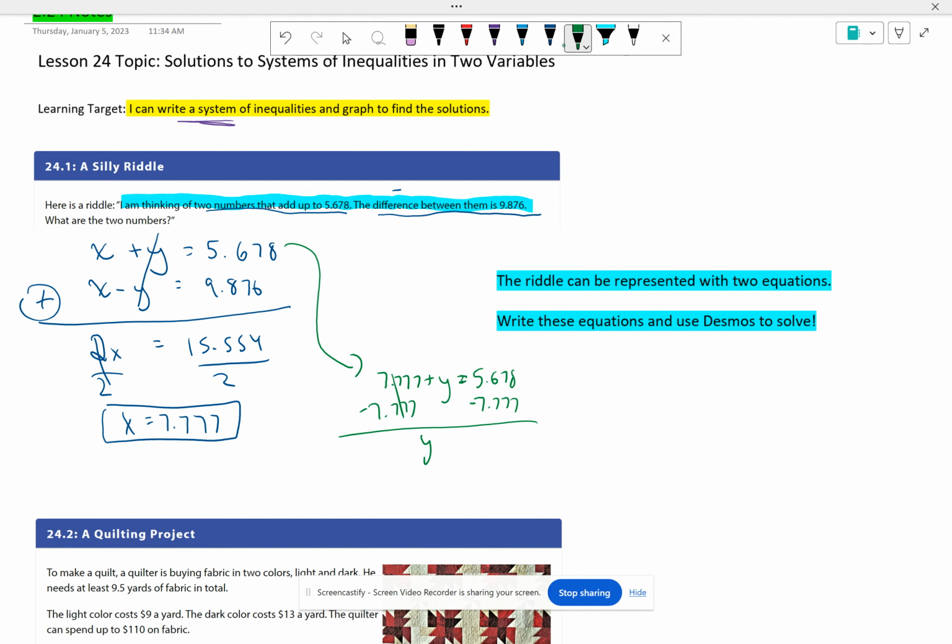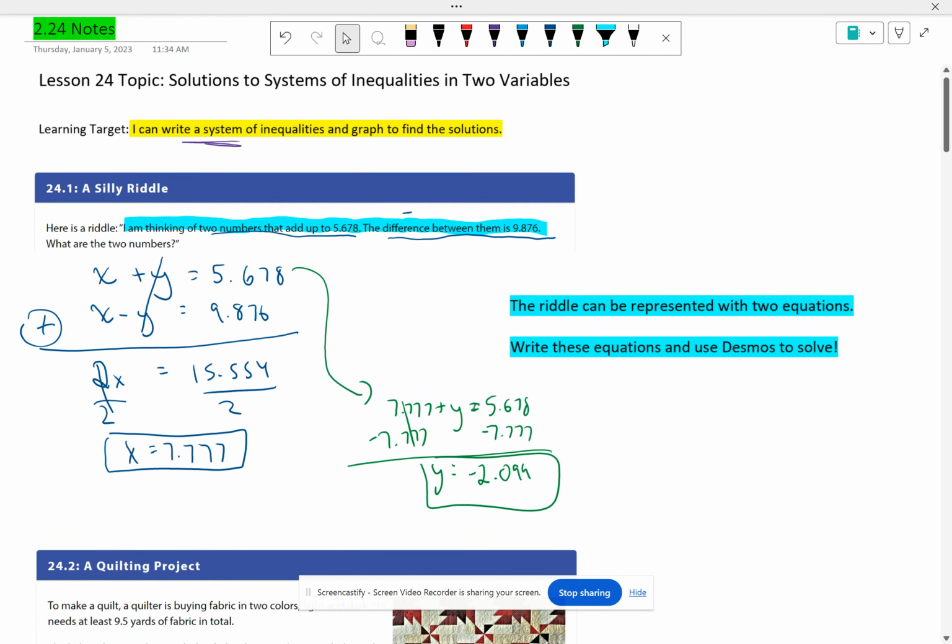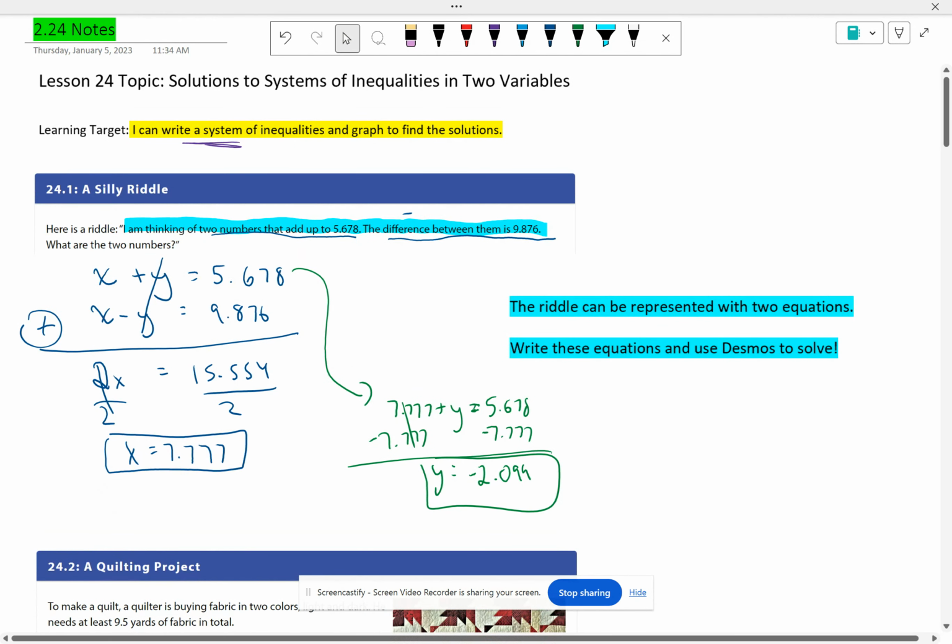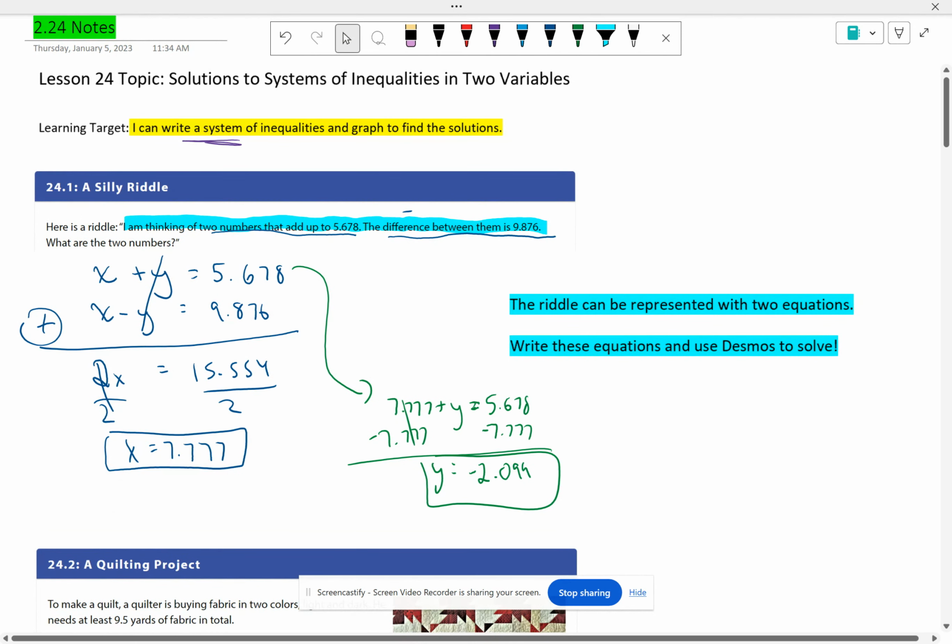So then y is going to be negative 2 point, let's see here, 5.678 minus 7.777, negative 2.099. All right, and there's my solution. Now the purpose of this was just to get you back to writing systems of equations, because we're going to need to do that when we're working with systems of inequalities.